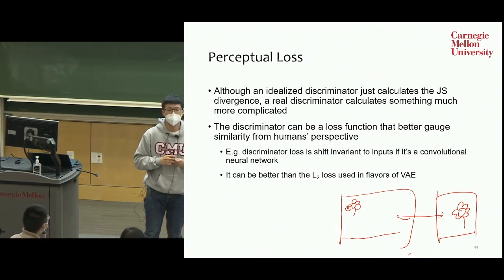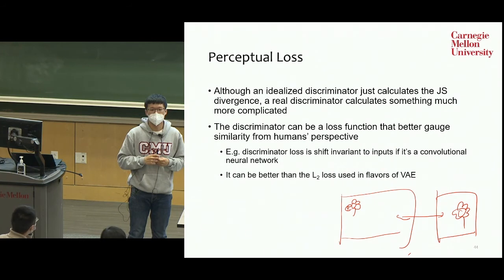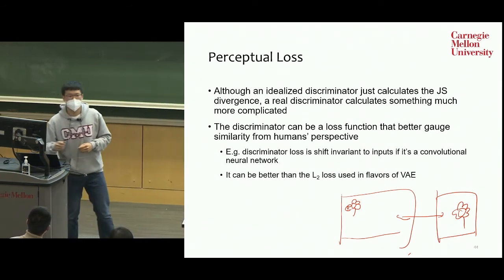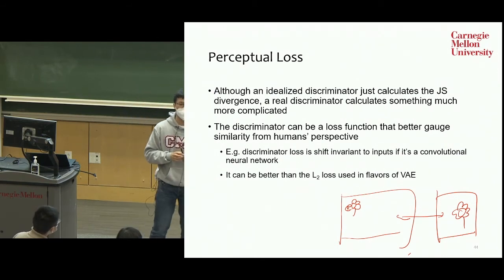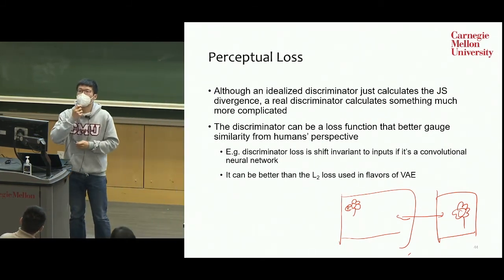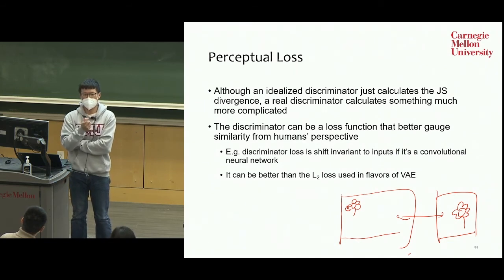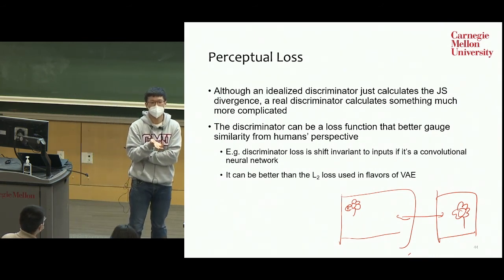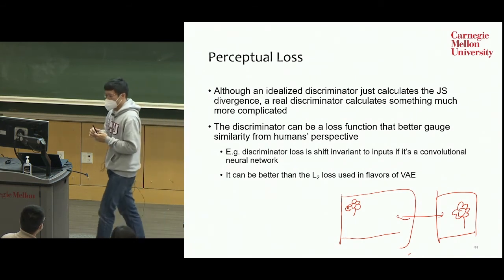The objective is still log D(x) plus log(1 minus D(G(z))). You mean the KL divergence or Jensen-Shannon divergence? Oh, wait, I think you are saying the discriminator loss, which is the binary classification loss. Yeah, that will actually be a KLD. Okay, I see.